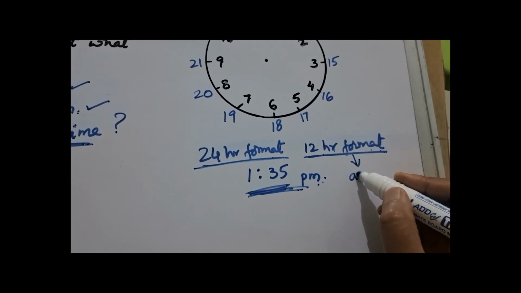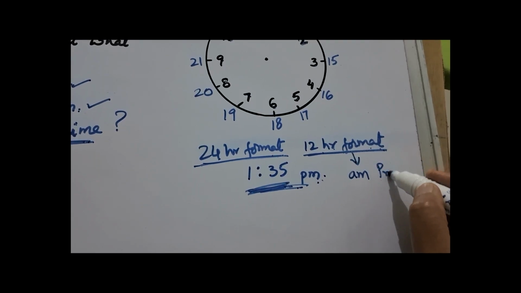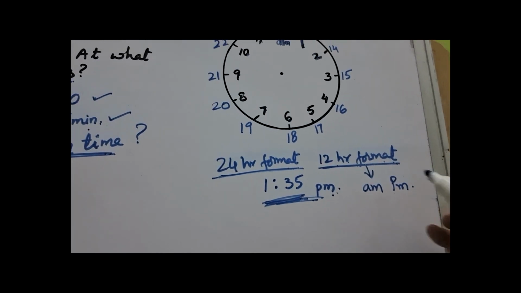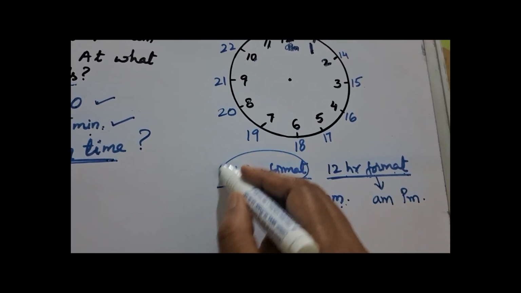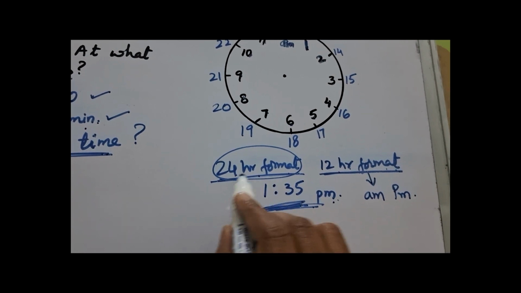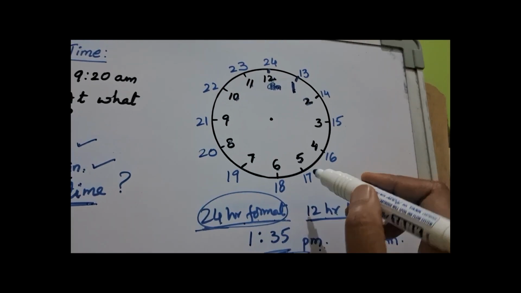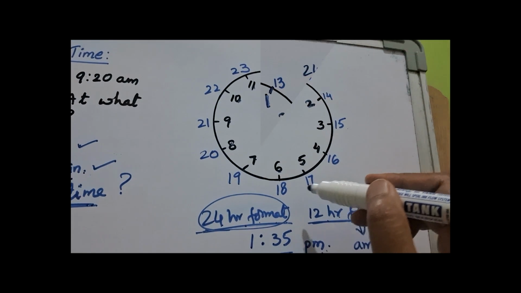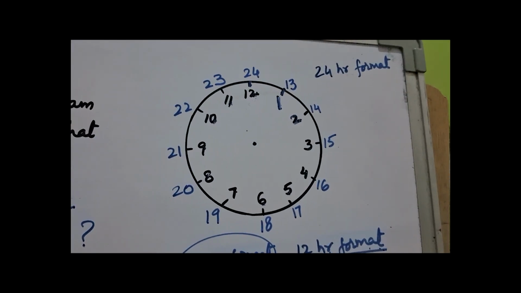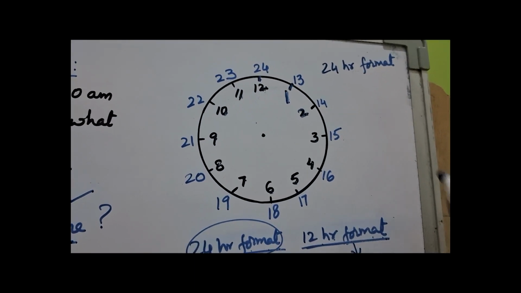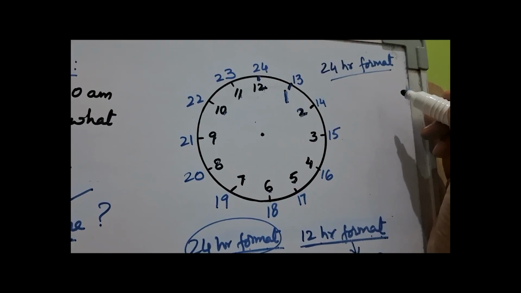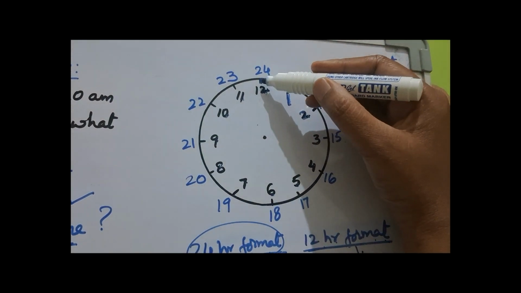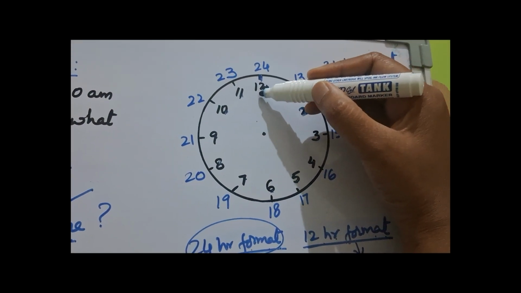Okay, children. So AM and PM will be there in the 12-hour format. Here AM and PM we see. But in the 24-hour format, AM PM will not be there. These numbers only represent AM PM. And for the 24-hour format, children, at midnight this will be 0 hours.